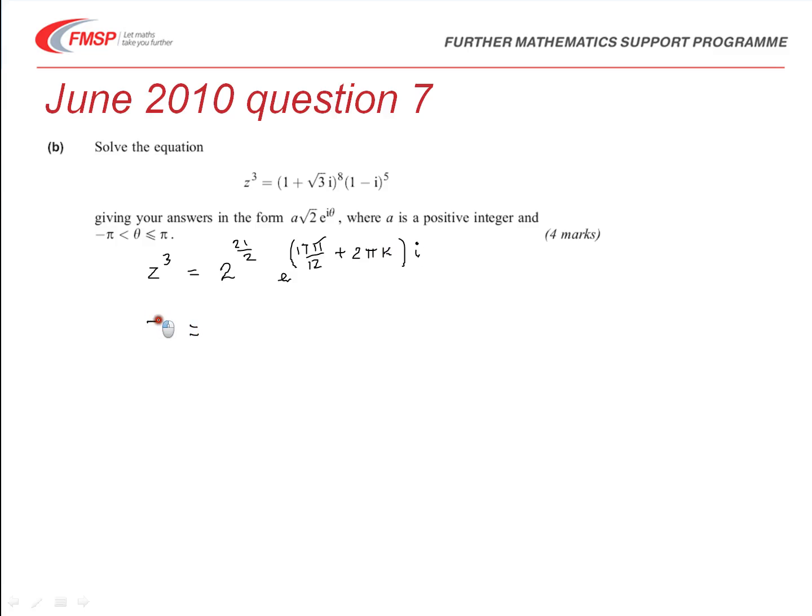So z will become 2 to the power of 7 over 2, and then when we divide these by 3, we're going to get 17 pi over 36 plus 2 pi k over 3.